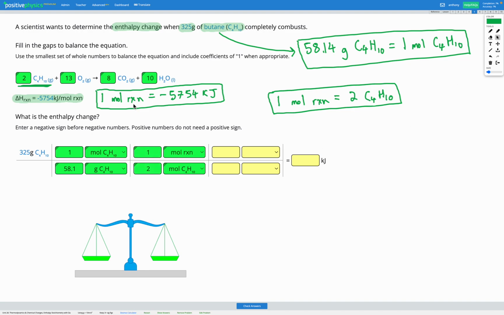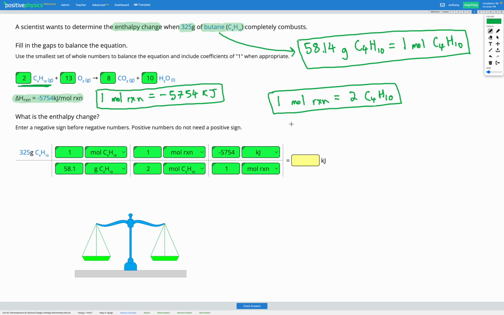Finally, we need to convert moles of reaction into the enthalpy change. So we've already found our conversion factor here from moles of reaction into enthalpy. So we've got moles of reaction on the bottom, so that will cancel out. We want to end up with kilojoules, and we need to put in our numbers. So 1 mole of reaction results in a negative 5754 kilojoule change in energy.